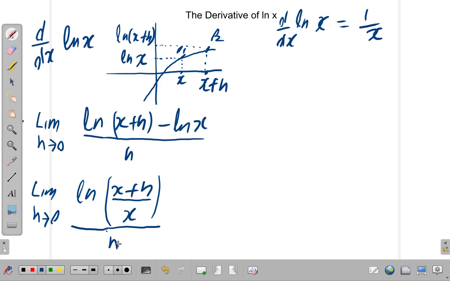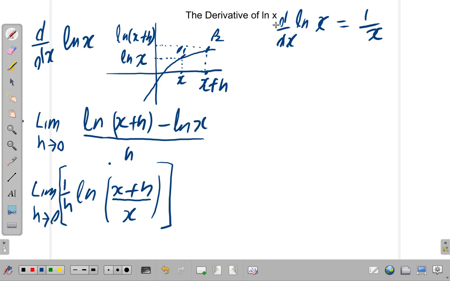So you see that? But the thing is, this is the same thing as just multiplying everything here by 1 over h. So it's multiplied by 1 over h. Alright? So it's the limit of all of this.